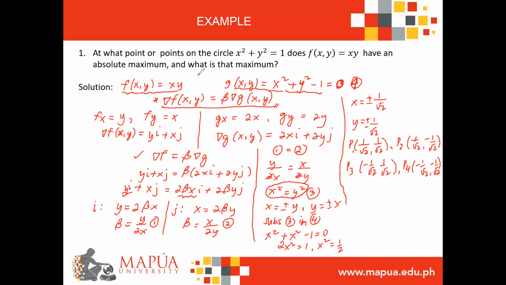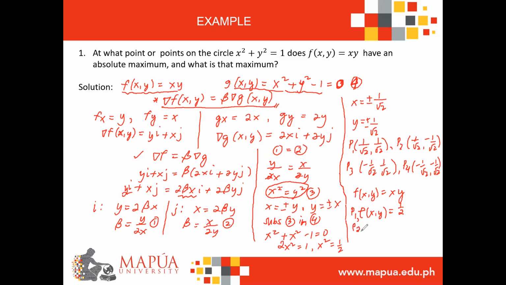So how do we find that maximum? Okay, so from the function that we have here, f of x, y equals xy. So the first point, when we multiply this, the value will be 1/2. At the given point P sub 1, we have the value of the function f of x, y will be 1 over 2.